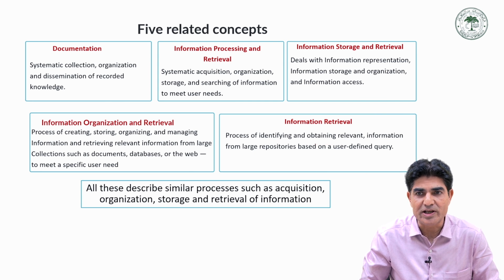And information storage and retrieval deals with information representation. That is, we need to define information. And information representation means analysis of information and then defining the contents of the document. Then storage of information using different techniques of information organization like classification, cataloging, and indexing. And finally, providing the mechanism for accessing information, that is information access.